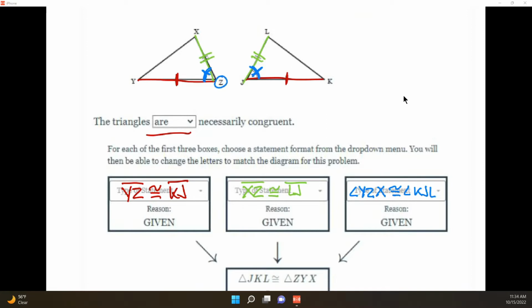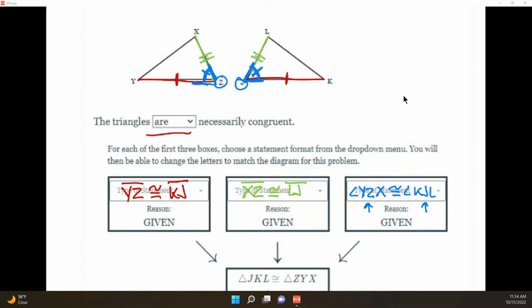Because Z and J are at the center of this angle right here, they are going to be in the center of my name. So Z is at the center and J is at the center. It doesn't necessarily matter if X was first or Y was first or K was first or L was first. The important thing is the right letters at the center of the angle. So center of the angle, center of the name.